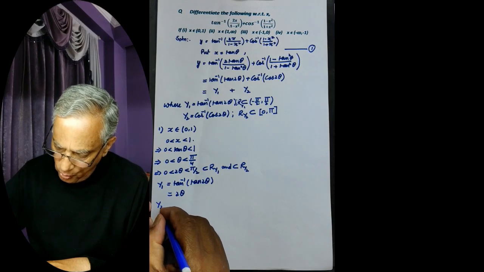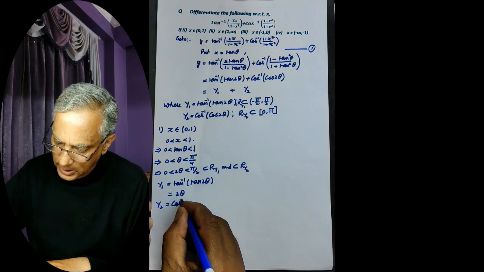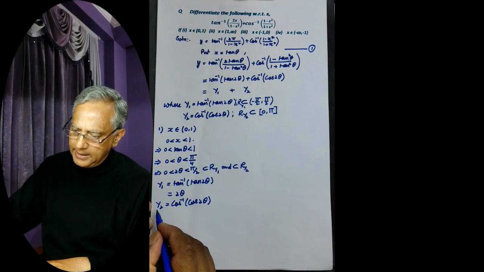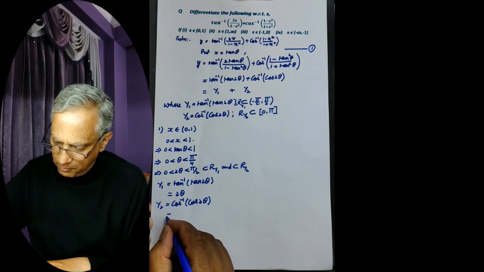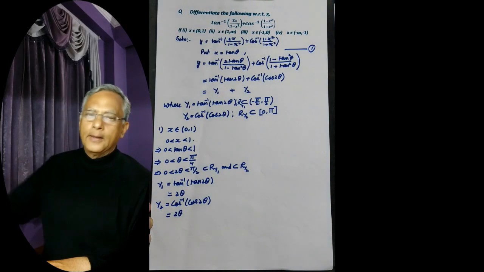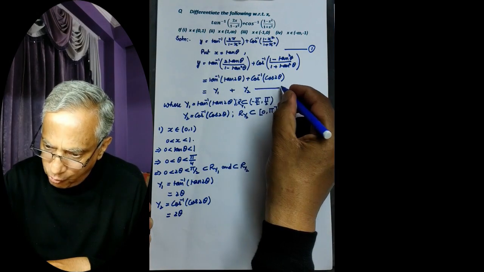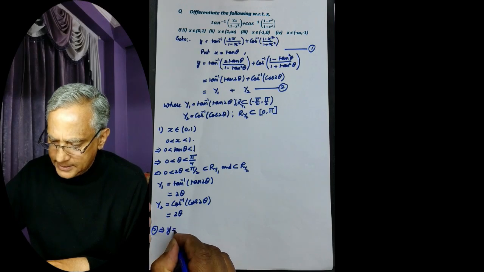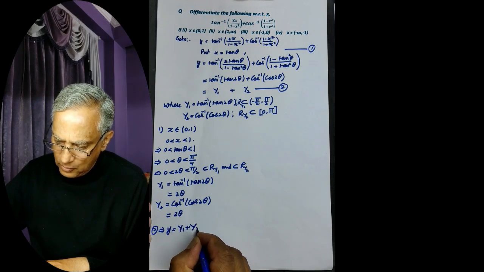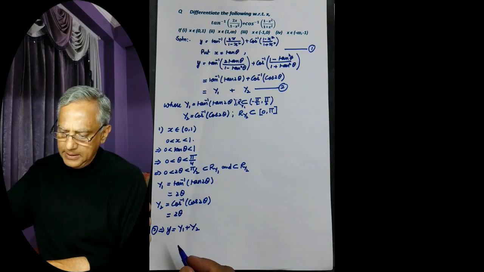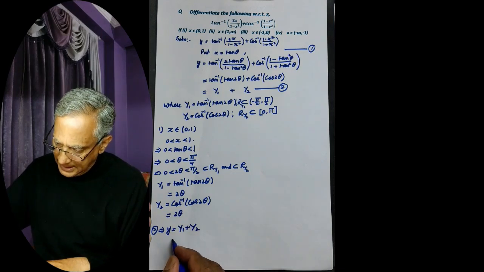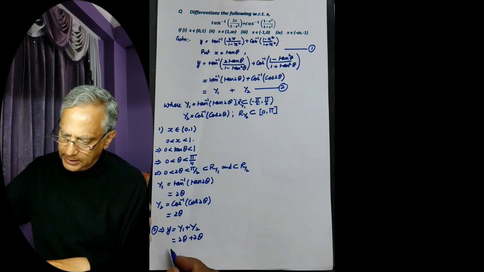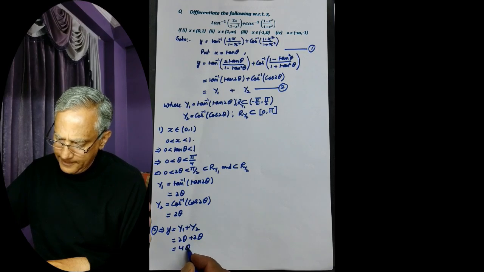And y2 is equal to cos inverse cos of 2 theta, and 2 theta is within the range of y2, so this must be equal to 2 theta. And therefore from 2, y is equal to y1 plus y2, so y is equal to 2 theta plus 2 theta, that is, y is equal to 4 theta.